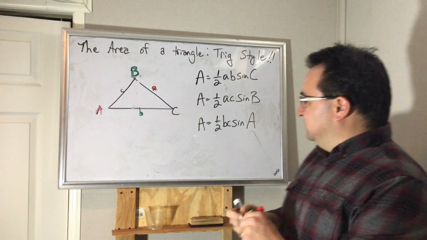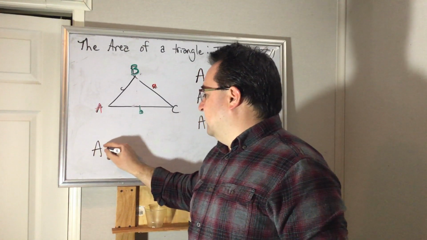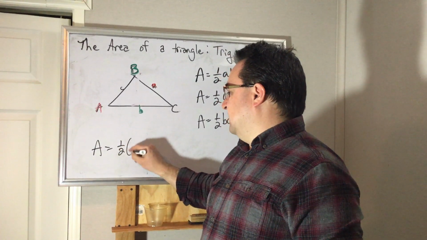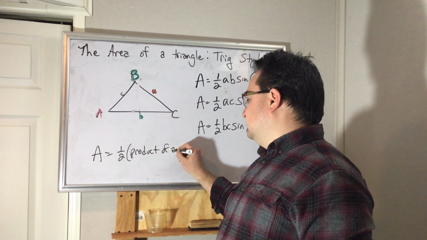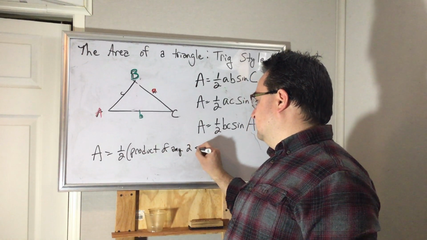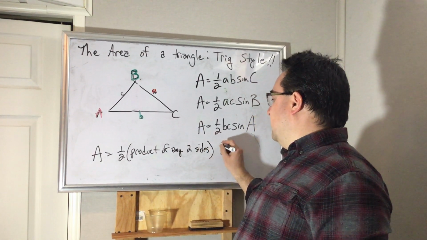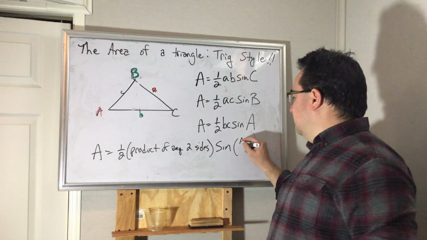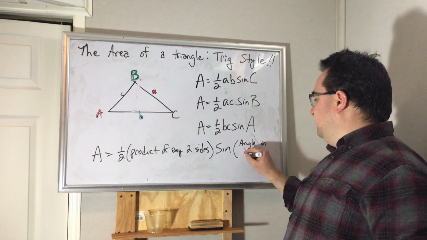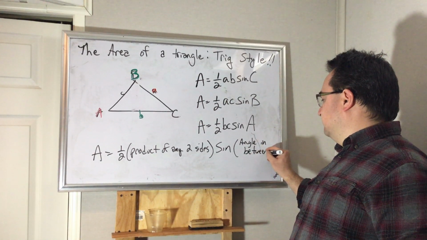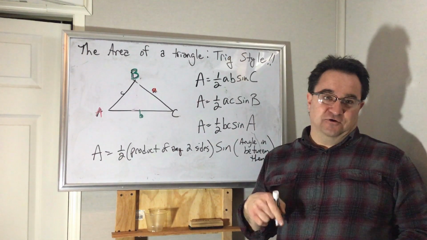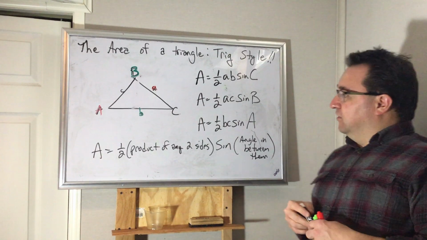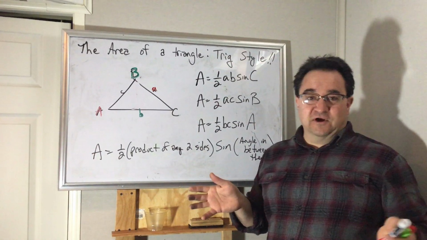So if I were to put this in words, the area is 1/2 times the product of any 2 sides times the sine of the angle in between them. That is how to learn this formula. So once you get that, these are a piece of cake.